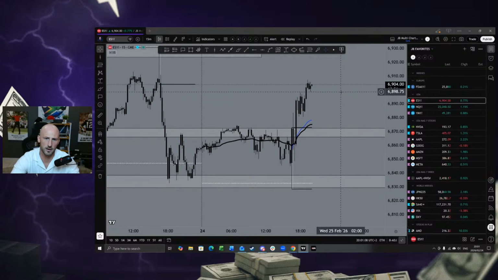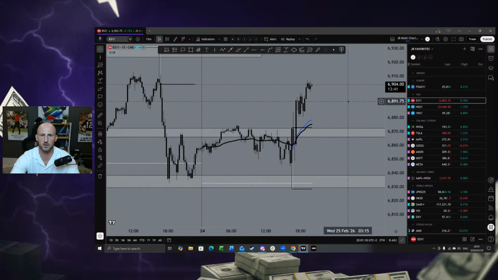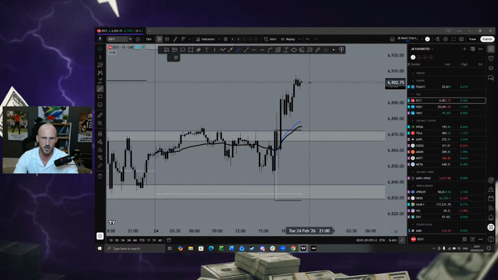I am looking for that reversal back down towards VWAP like this, maybe something like that. But if we clear these levels on ES at 907, I definitely think the shorts would be off the cards at the moment. I just don't like buying it at these high levels. You've always heard the term in trading, buy low, sell high. If I'm buying it up at this level, it's not a good risk-reward ratio. We're buying it basically at the high of day.